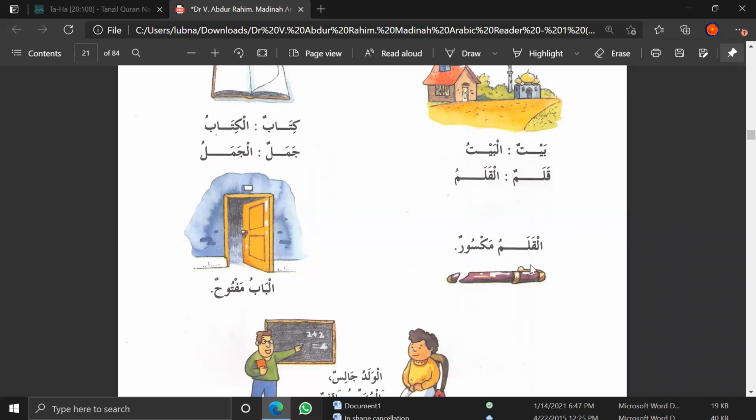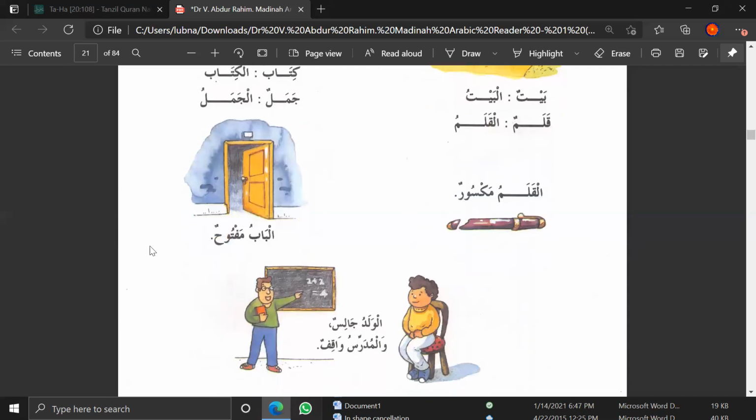A nominal sentence, when there is one proper and one common ism. When they combine, it's a complete sentence, and in translation we can put "is" in between. Al-qalamu maksurun. The pen is broken. Excellent.